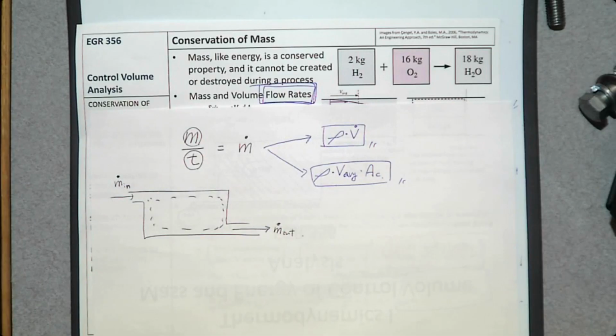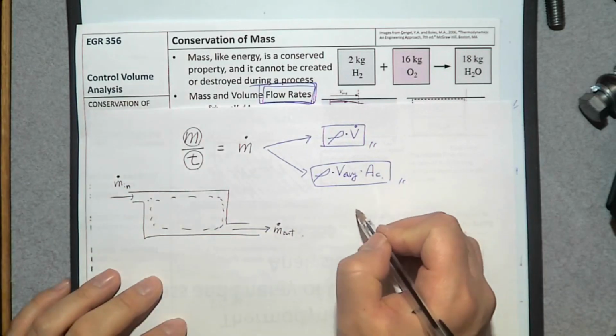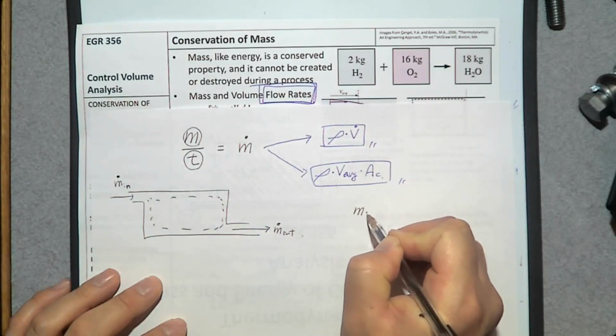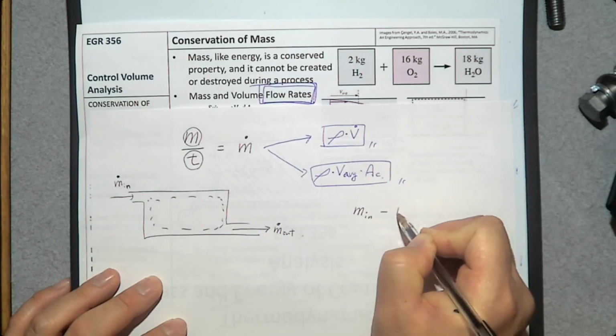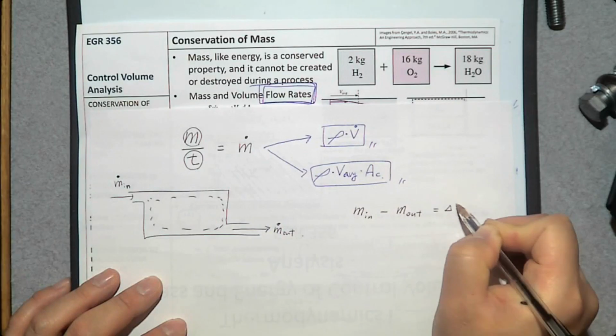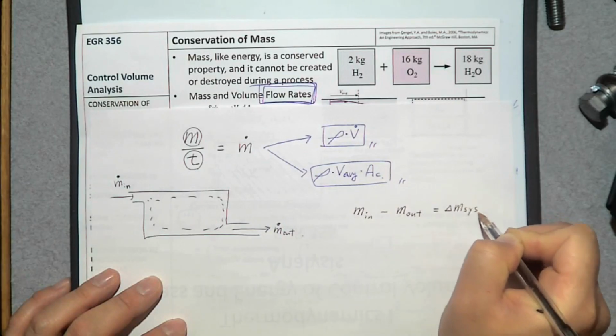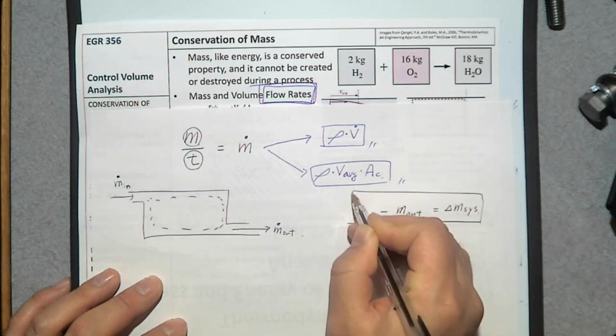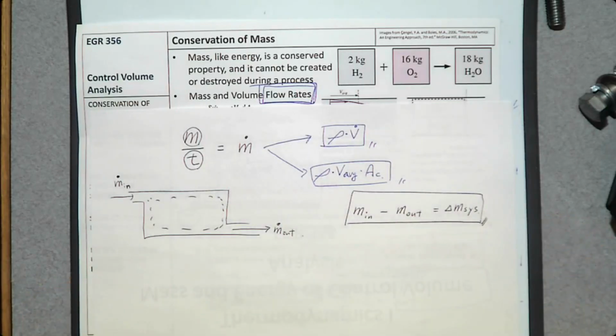Then how can we use the conservation of mass principle? Mass transfer going into the system minus mass transfer leaving the system should be the change of mass of the system. That is the definition of conservation of mass.